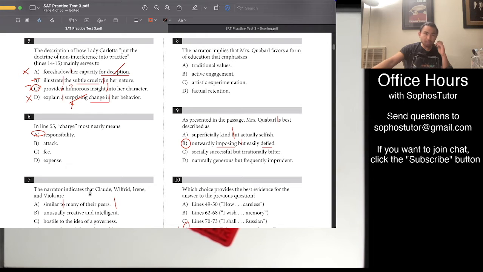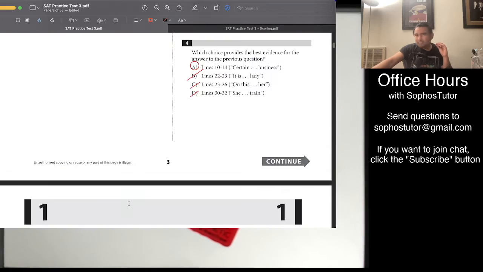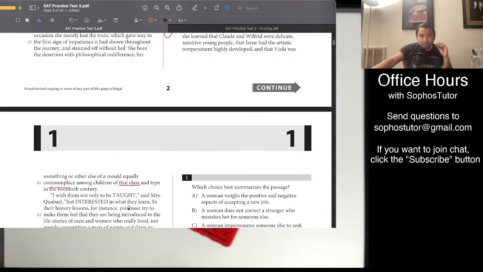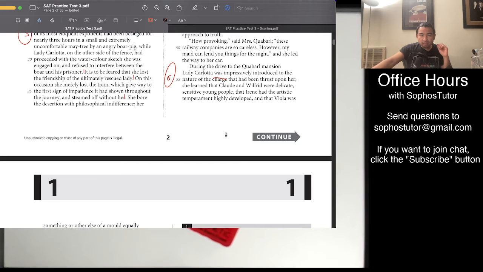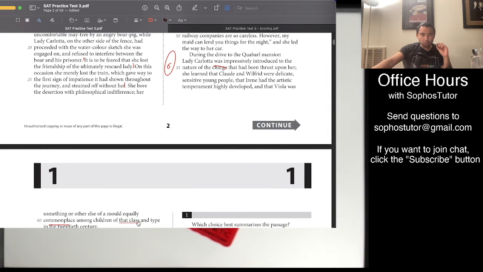Are they similar to many of their peers? Well, of their class, commonplace to their peers, that does seem to fit. I mean, the adjectives seem special. I get that Claude and Wilfrid were delicate, sensitive young people, and maybe that makes them different, but not different compared to their peers.